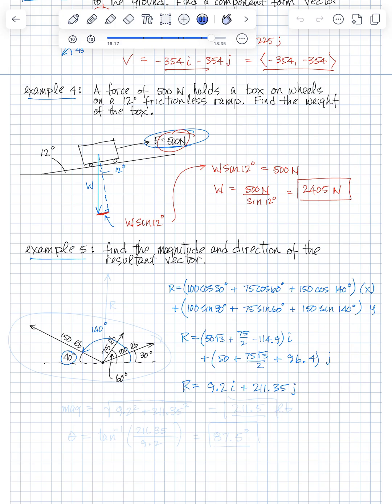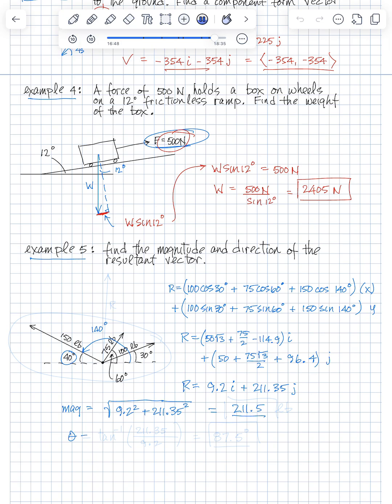We want to find the magnitude. So the magnitude is equal to the square root of 9.2 squared plus 211.35 squared. And that's equal to 211.5. That's the magnitude. Now we need to find the angle.